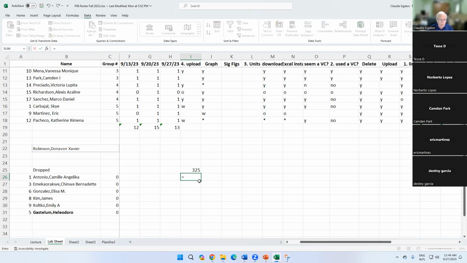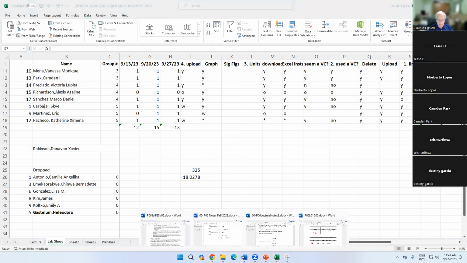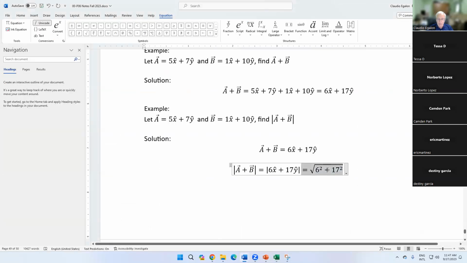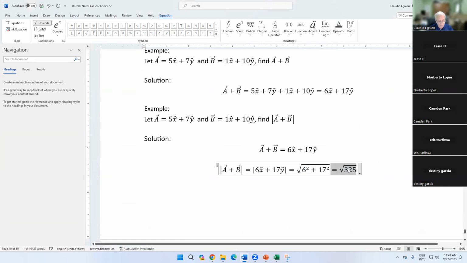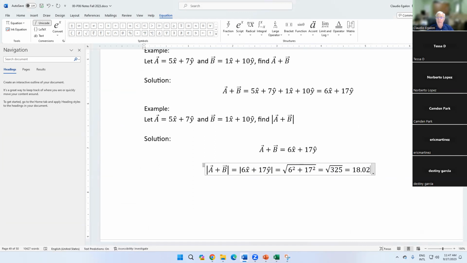And then we have to take the square root of 325. It's 18.02. Like that. That's a type of example that you're going to see out there.